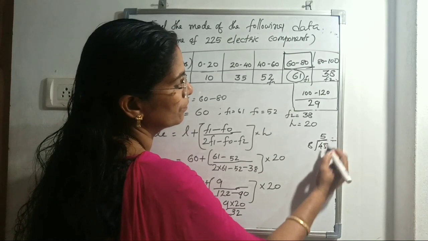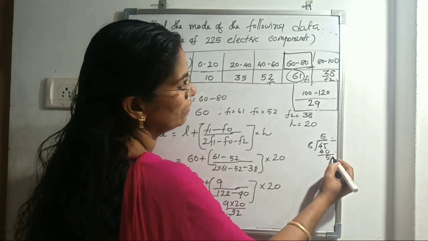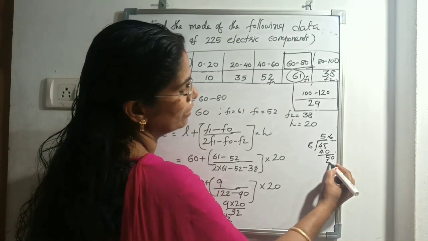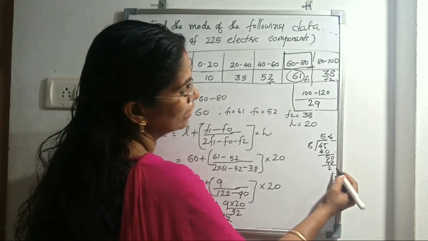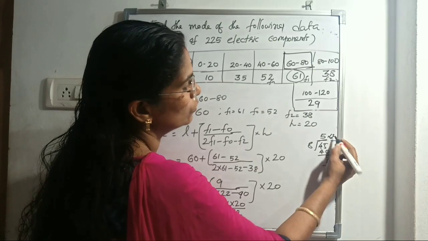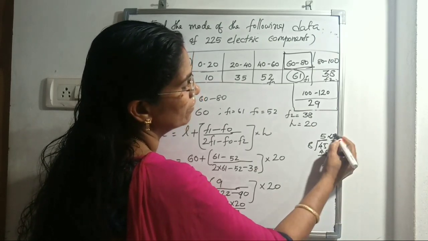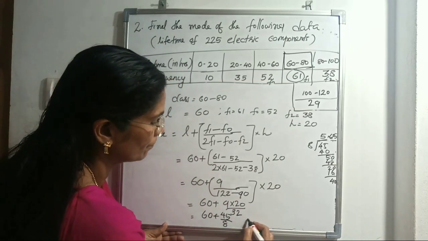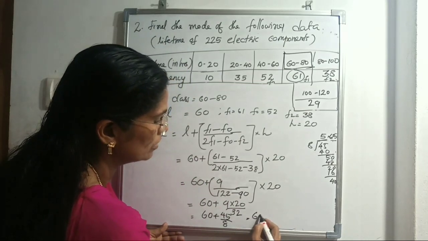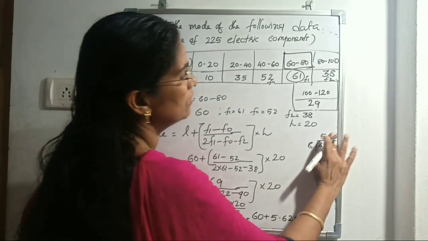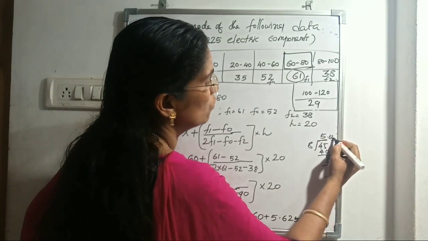45 divided by 8 is 5 point, this is equal to 60 plus 5.625. This division you have to do alone, 625 you will get.